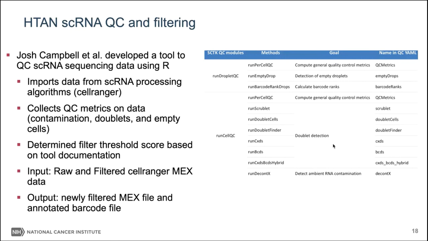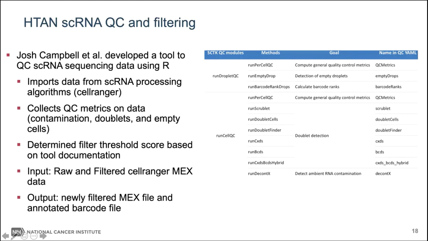It could also take in files from other single cell RNA sequencing workflows like Star Solo and others. What this does is it collects a bunch of QC metrics on the data, so contamination, doublets, empty cells, etc. And you can see here in this table the different methods, R methods, and packages that are used within this tool.